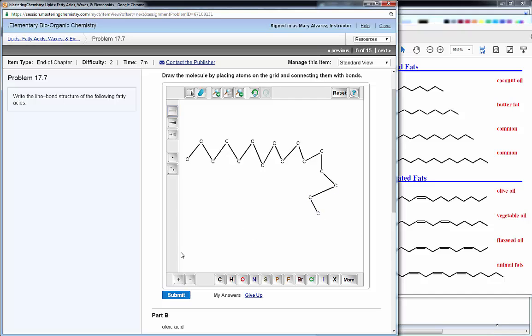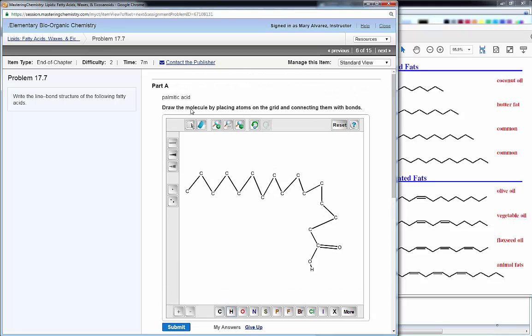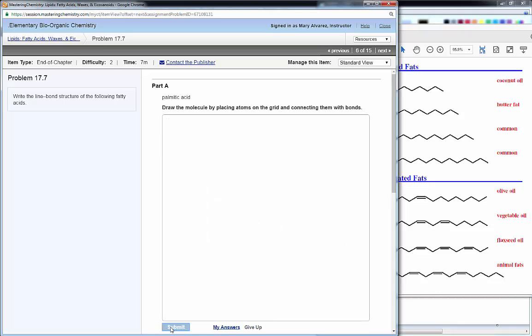Feel free to curve it around just like that. And it did not say here that they want to see all hydrogen atoms. So long as we've got 16 carbons, all saturated, carboxylic acid on the end, that should be good.